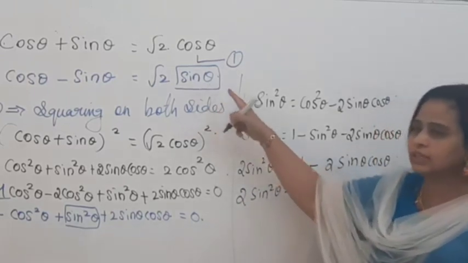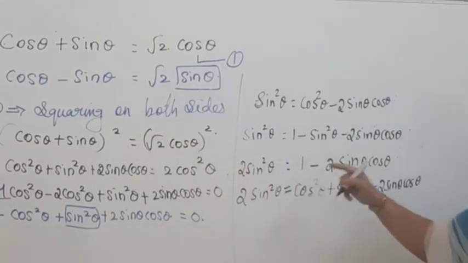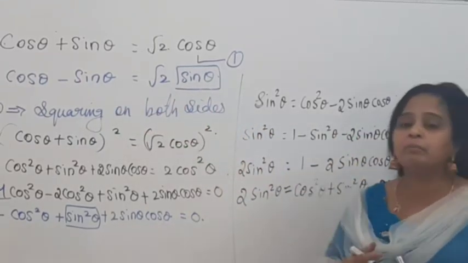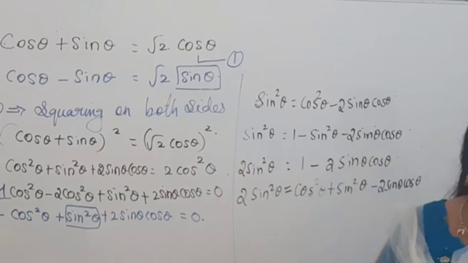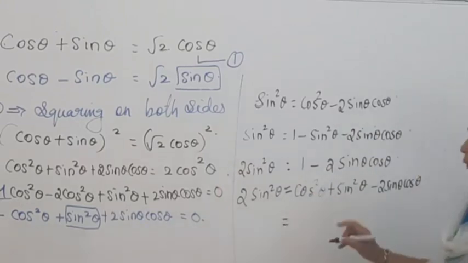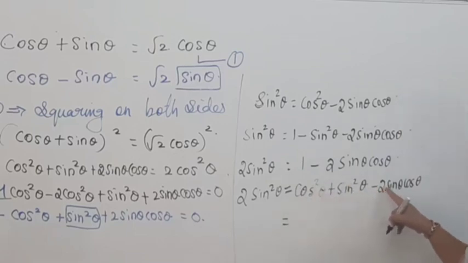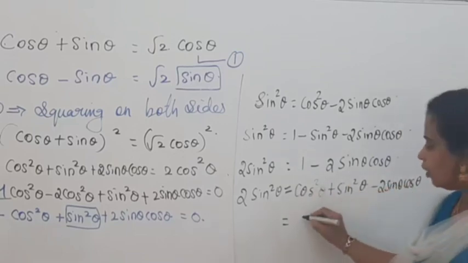Why? In the 2 sin square theta, I have cos theta. So I should think of how can I bring my cos theta in place of 1. So I get this one, which is equal to a square plus b square minus 2ab. So how do you write it?